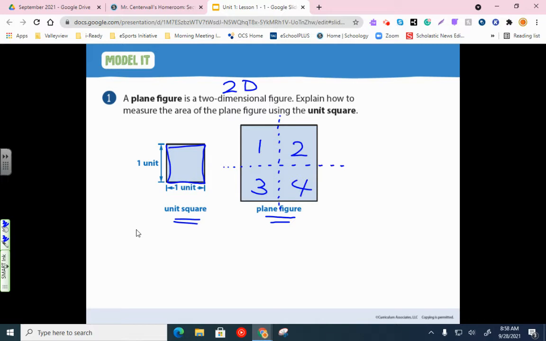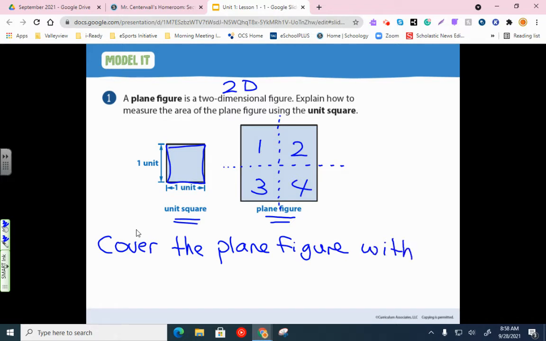So you could cover the plane figure with unit squares.